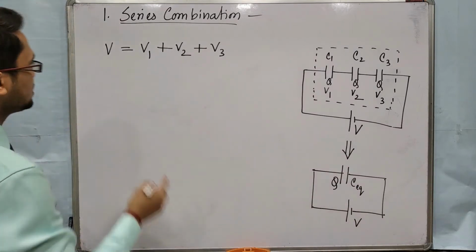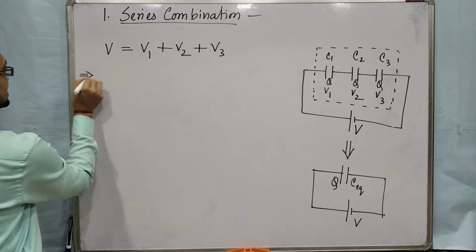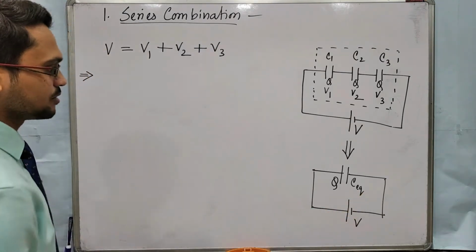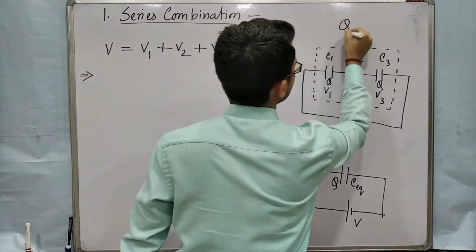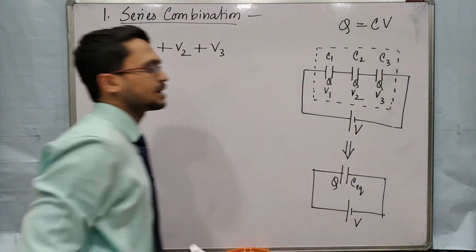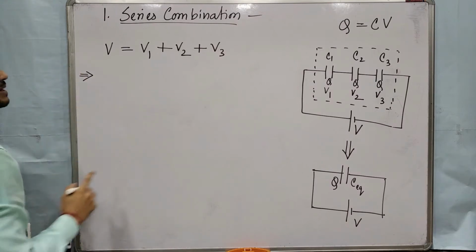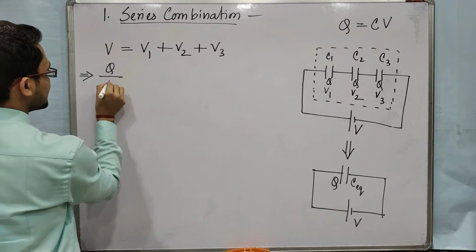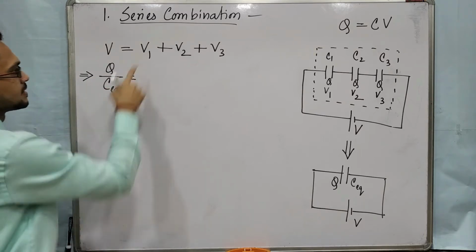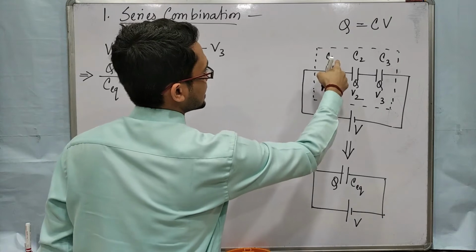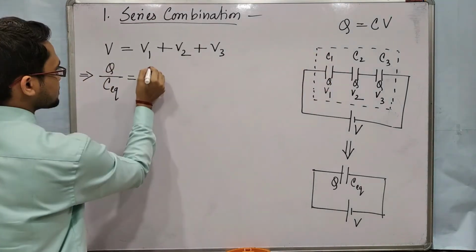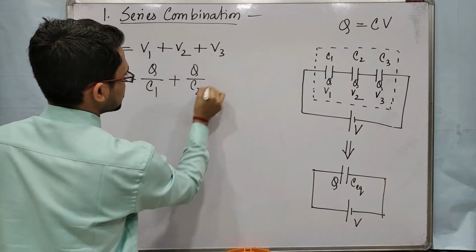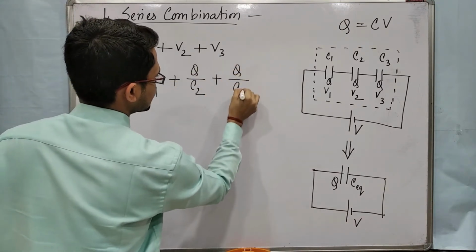Then we use the basic formula of capacitance, Q equals CV. In place of V we write Q by C equivalent. Now V1 is Q by C1, V2 is Q by C2 and V3 is Q by C3.